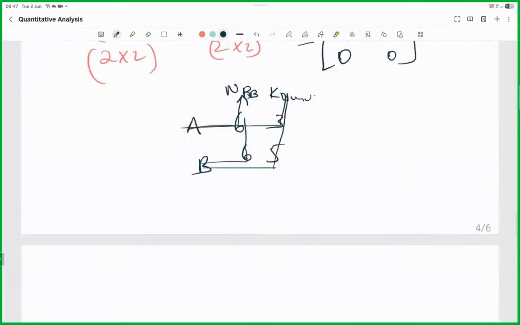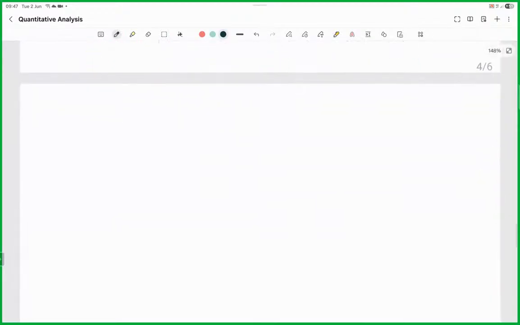Which then takes me to matrix multiplication. Matrix multiplication.